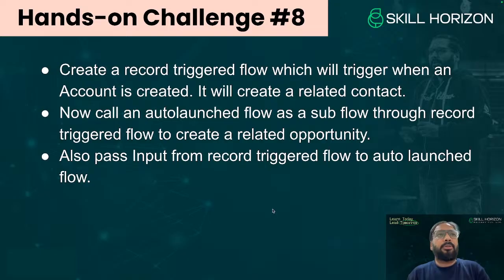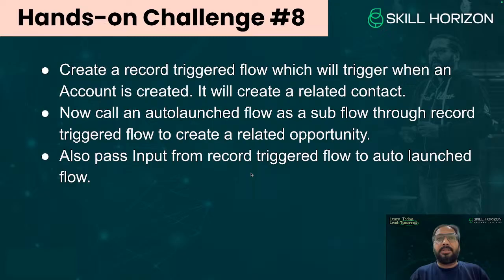So this is the challenge that we are going to discuss, and the challenge says we need to create a record triggered flow which will trigger when an account is created. And it will be creating a related contact. So this is record triggered flow. Now for that account I need to create an opportunity as well, and for that I will be calling an auto launch flow.